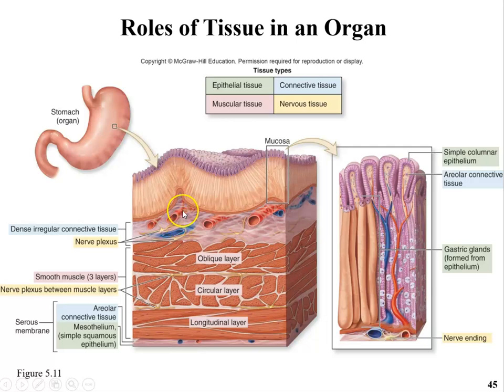It helps control the blood vessels. Next, the stomach has 3 layers of muscle. So there's the oblique layer, the circular layer, and the longitudinal layer. And then on the very outside, you'll see the mesothelium, which lines organs. So there's all 4 tissue types there.